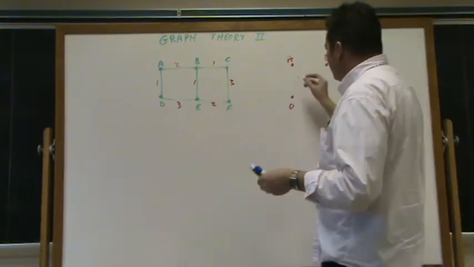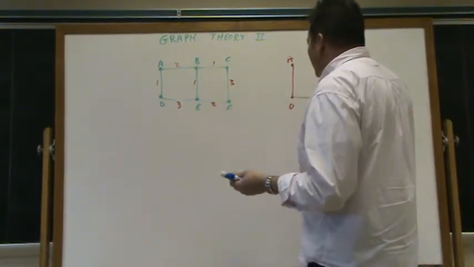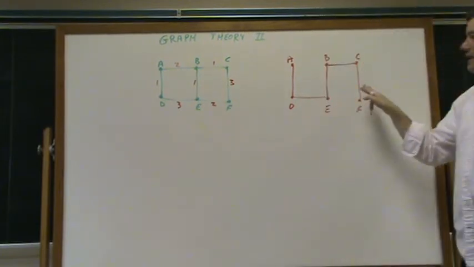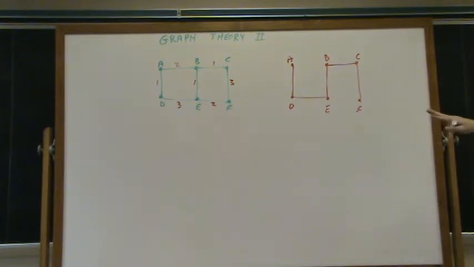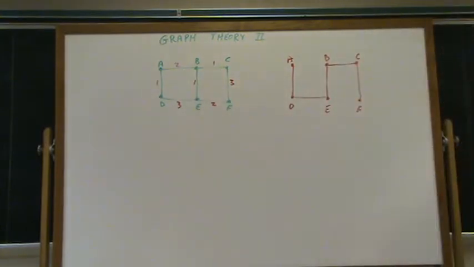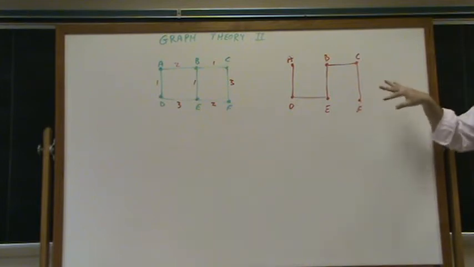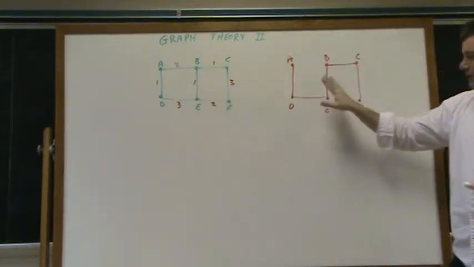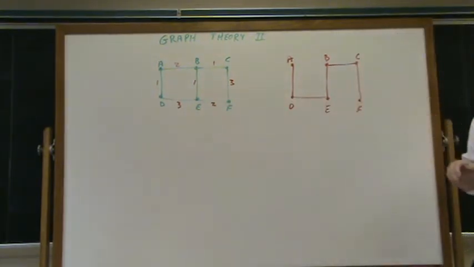So I could do this, right? I could just say, like, here's an example of a no-cycle version of that graph. It's still connected, every point is connected to each other, but now there's no cycles, because I chose to get rid of this edge, and I chose to get rid of this edge. But what if, so you can see there's many versions, there's many trees that we could make from this graph by throwing away edges just to eliminate cycles.